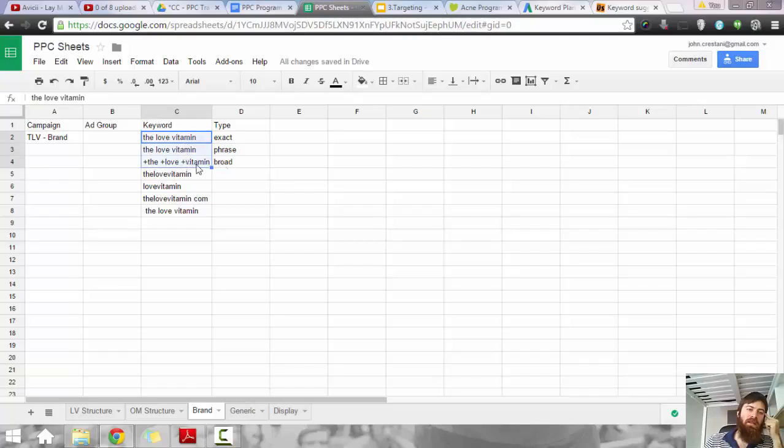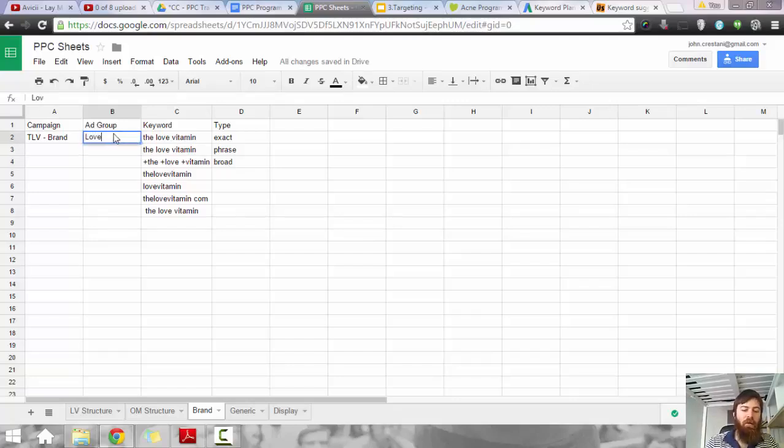This is really the core of the ad group, and I'm going to name the ad group love vitamin because this is the brand. You could name it love vitamin, or you could just name it brand.